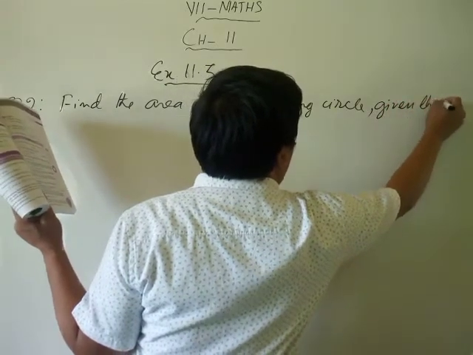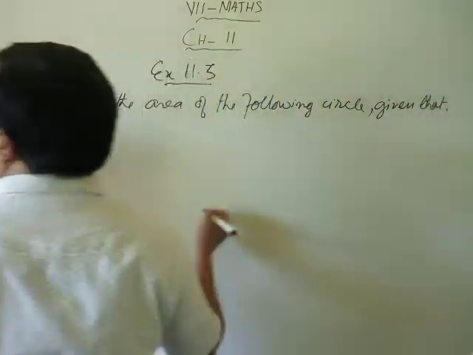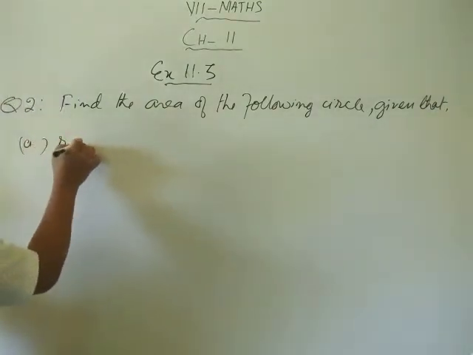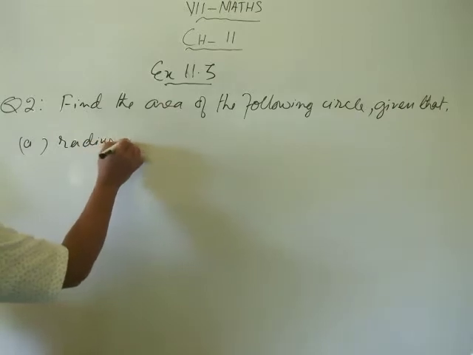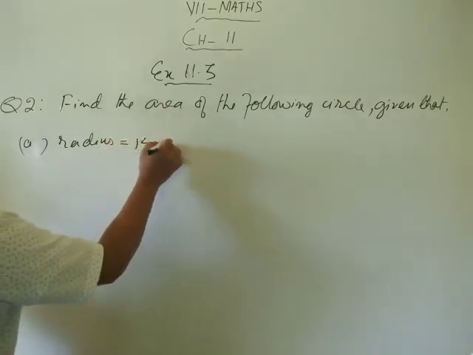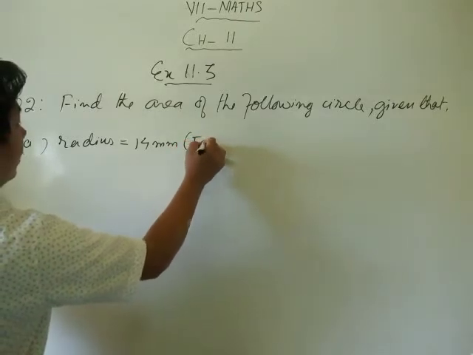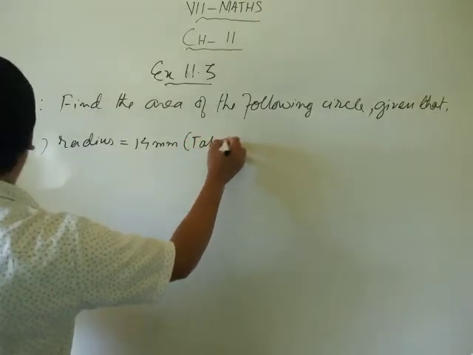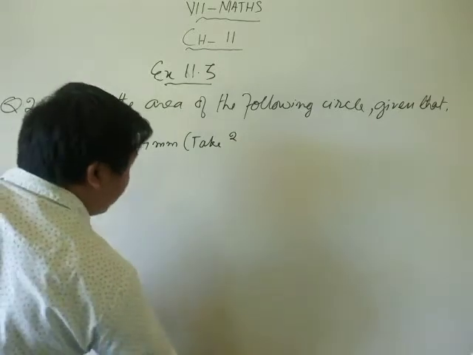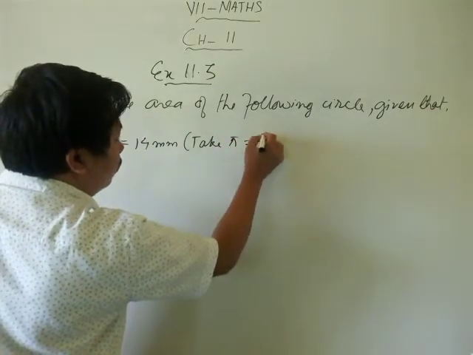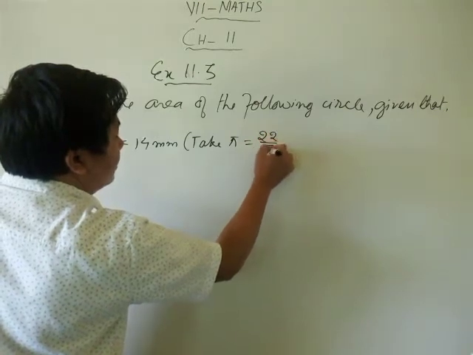Given that the radius is equal to 14 millimeter, take pi is equal to 22 by 7.